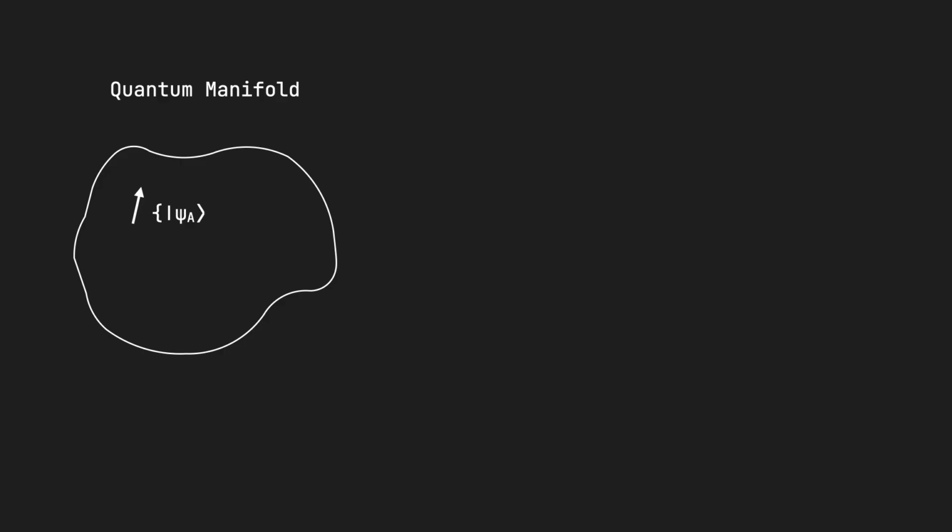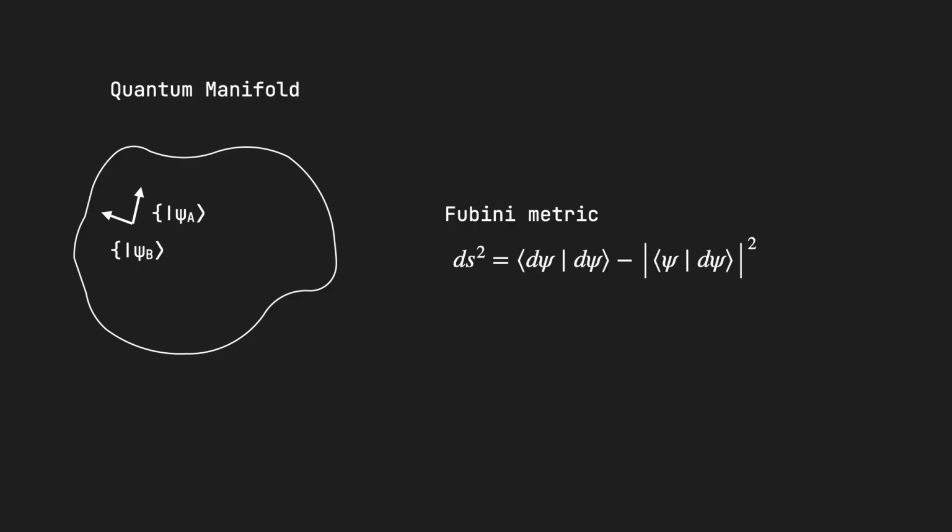What that means is that if we look at this quantum manifold, we have this quantum state vector A, and as we're training, we rotate this to a quantum state vector B. How do we calculate the angle between these two state vectors? We could use the Fubini metric, and this is an equation from the paper.